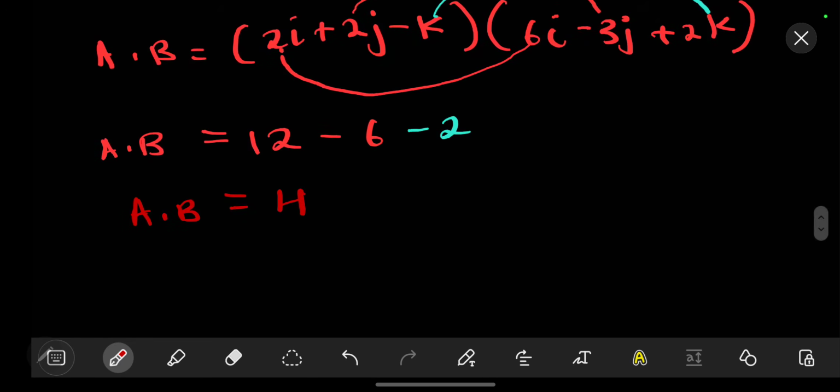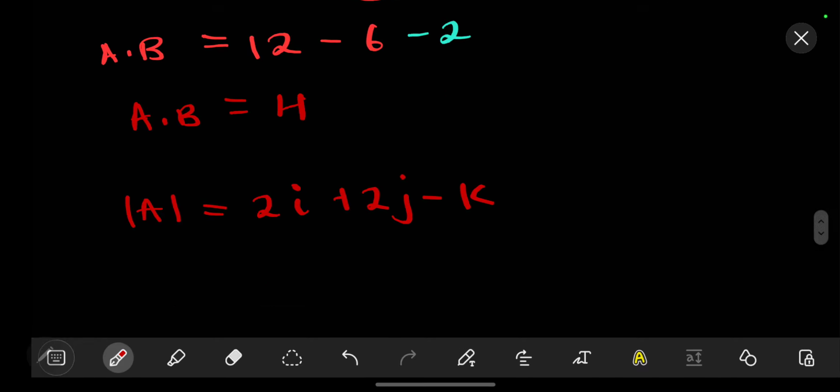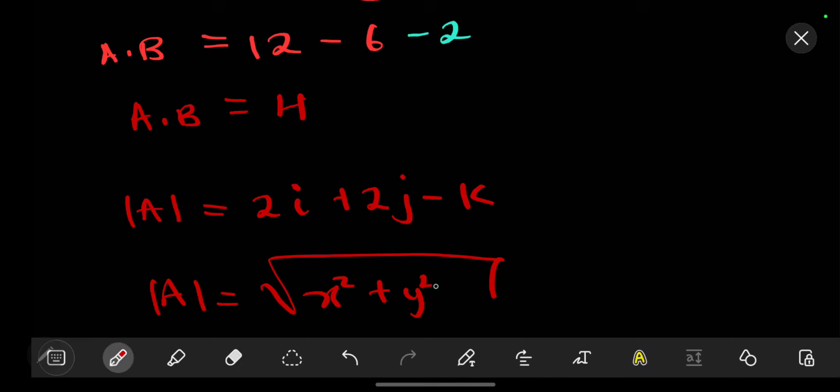After finding the dot product, we can find the magnitude of A. Our A is equal to 2i plus 2j minus k. So to find the magnitude of A, we are going to say that this is equal to the square root of x squared plus y squared plus z squared.